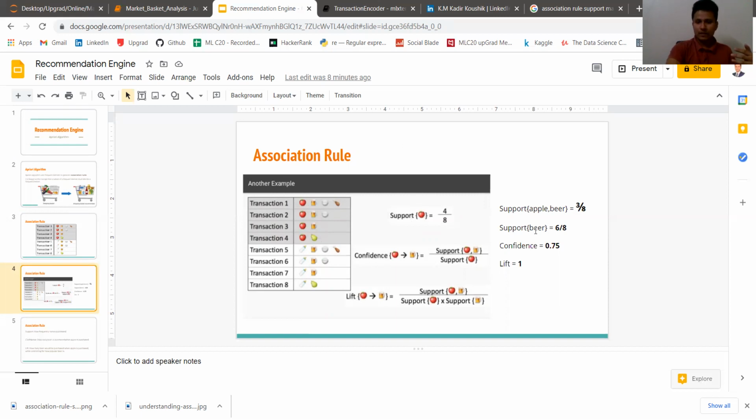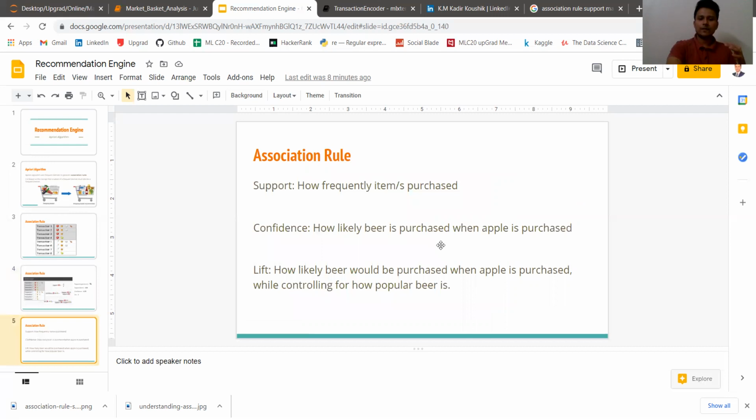Now we have to find the confidence. Before explaining that, what we understand by support is how frequently an item or items are purchased. So what is confidence? How likely is product B purchased when product A is also purchased. Here in our case, how likely is beer purchased when apple is purchased too.